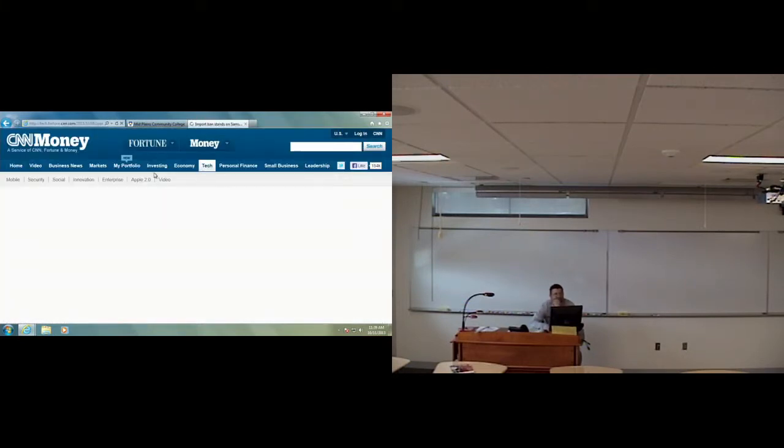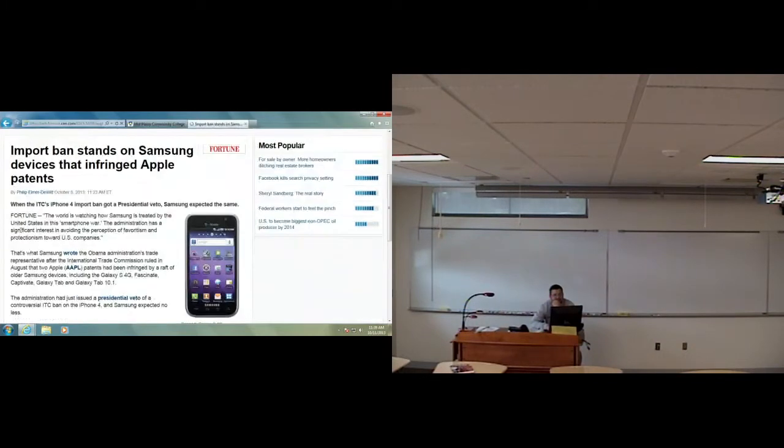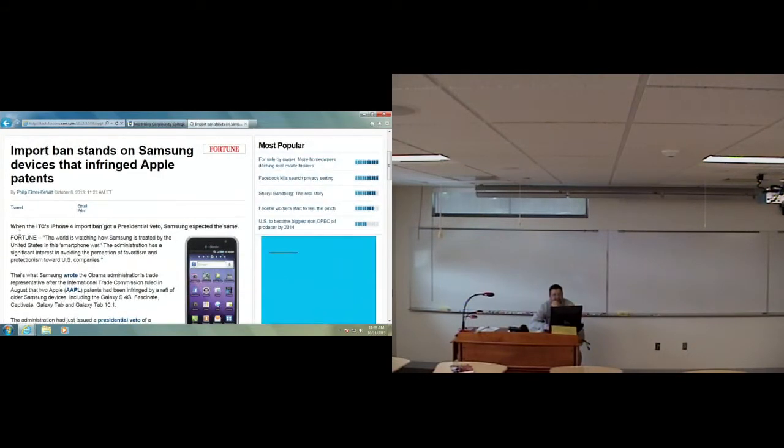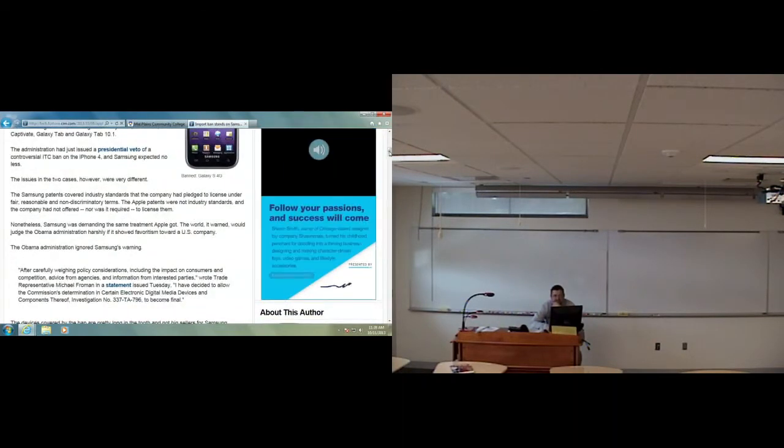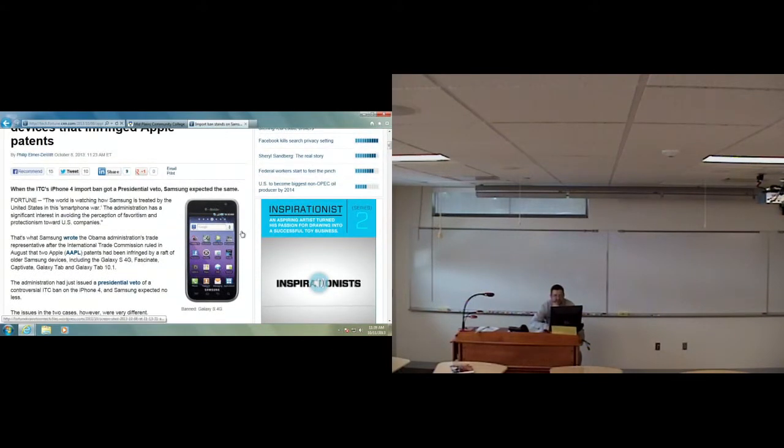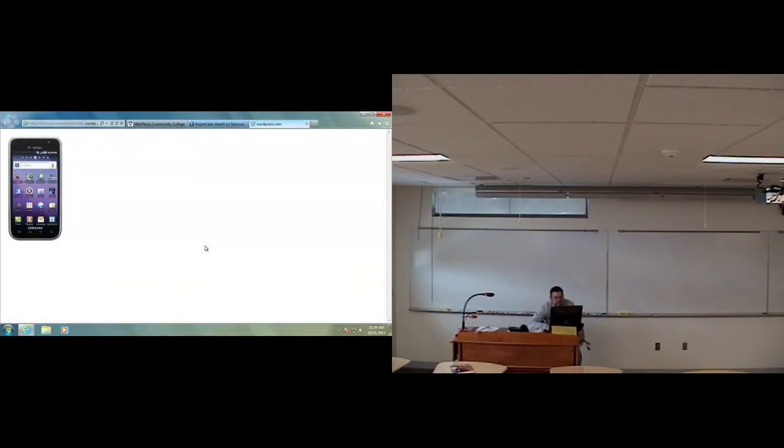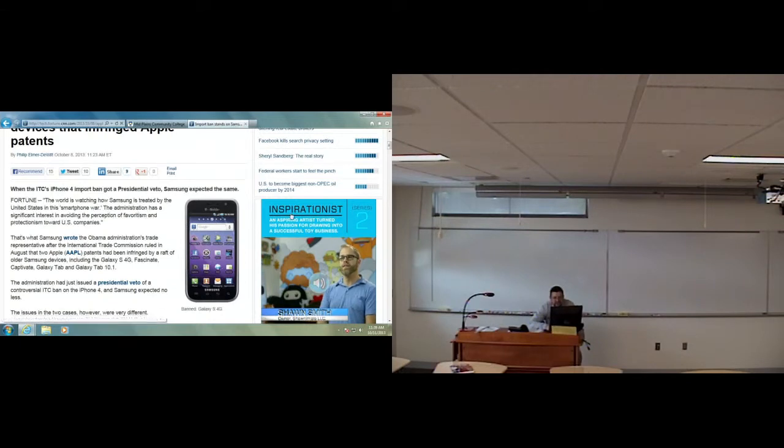So there was this huge story on Samsung, where Samsung violated Apple's patent, and it's kind of interesting what it came down to. So here's Samsung's phone. This is the one that you can't buy in the United States because of this patent law that Apple won.